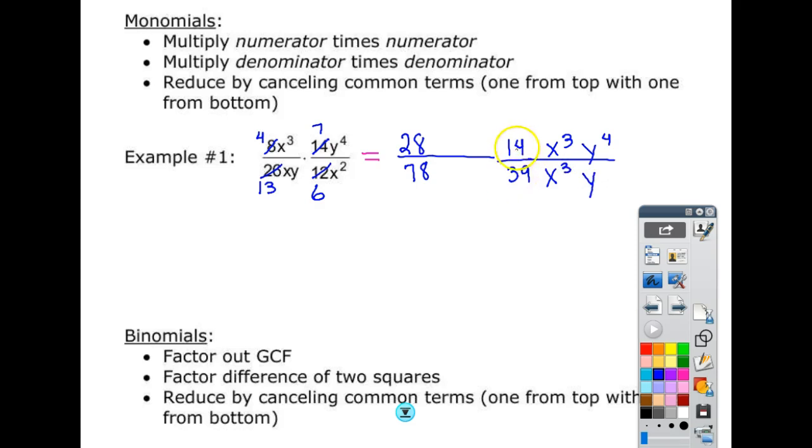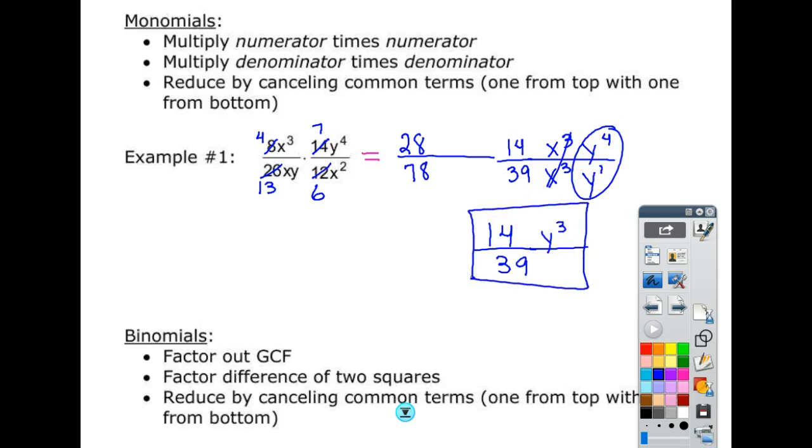So that's already reduced, our 14 and 39. The x to the thirds cancel out. What about our y to the fourths? Y cubed, where does the y cubed go? On the top, right? Because you subtract. 4 minus 1 is 3. And so that's our final answer.